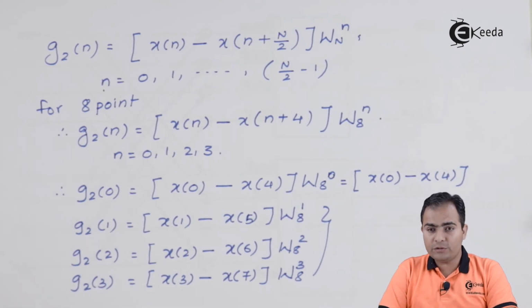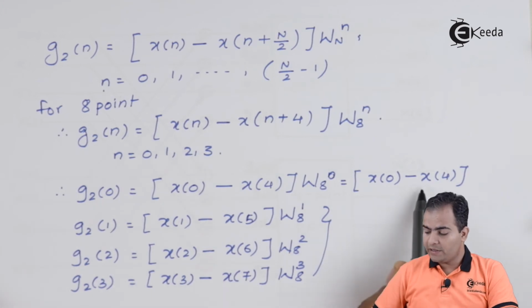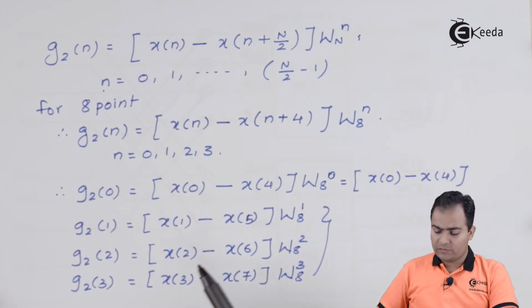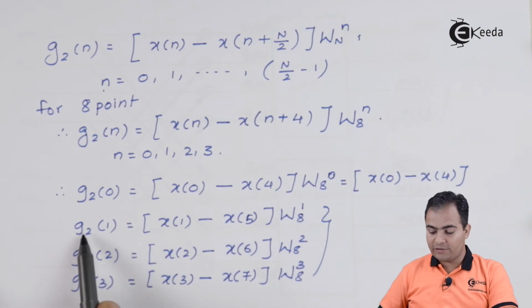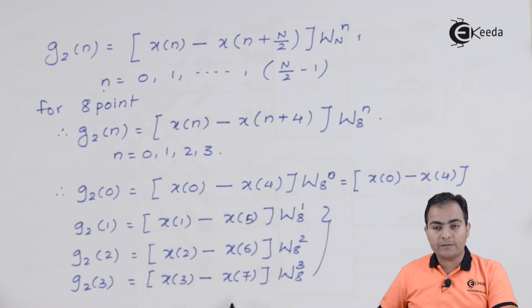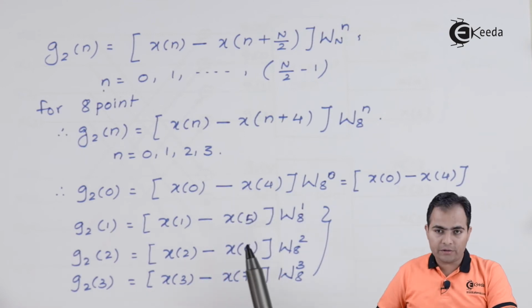Now, if we want to change the sign, what will we do? I'll simply multiply the x of 4 value by minus 1. Similarly, in all the rest of the cases, x of 5, x of 6, x of 7 values have a minus sign. So before adding, I'll multiply the minus sign with all these 4 terms, and then we are going to add all the values.